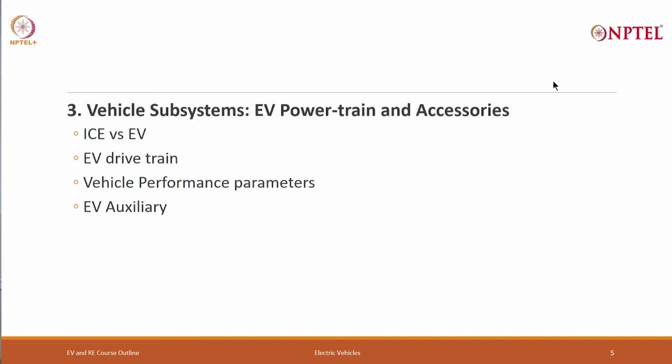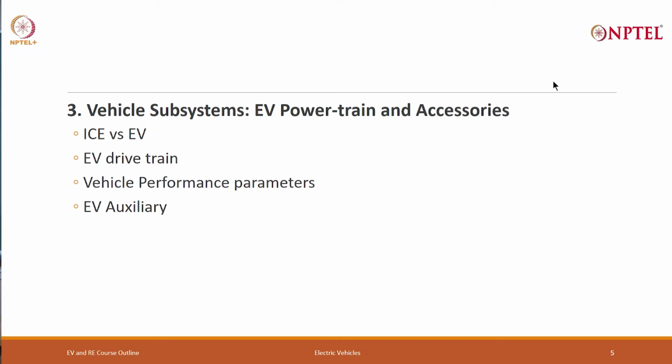Now in any vehicle, electric vehicle or petrol vehicle, there are auxiliaries. For example, there may be an air conditioning system. There may be a power brake system instead of a mechanical brake, there may be power steering.